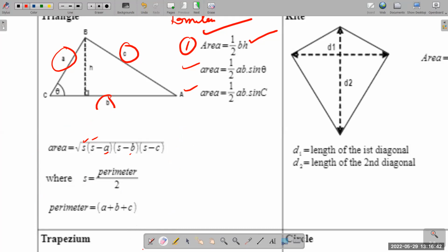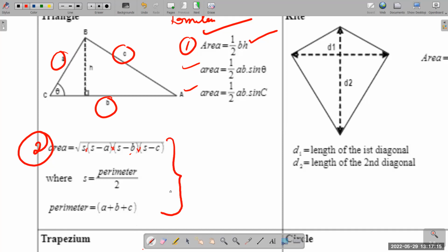Okay, I'll repeat. The first formula uses half base times height. So once you have the base and the height of a triangle, that's the formula you use. Suppose you don't have the height, but you have the length of all three sides of the triangle. So you have A, B, and C, the distance of all the sides. You have to use the second formula, which is the square root of S times S minus A times S minus B times S minus C. These are found on your formula sheet.